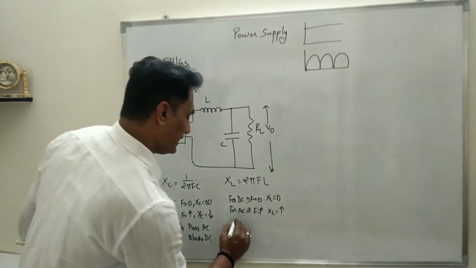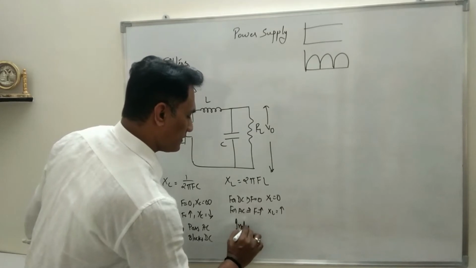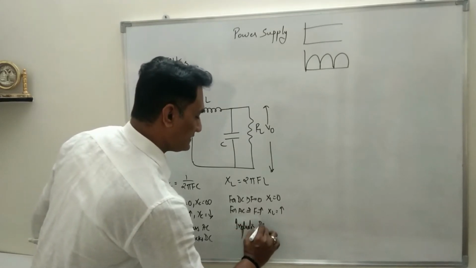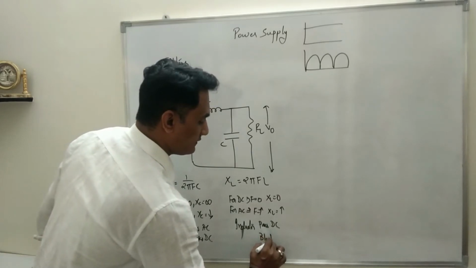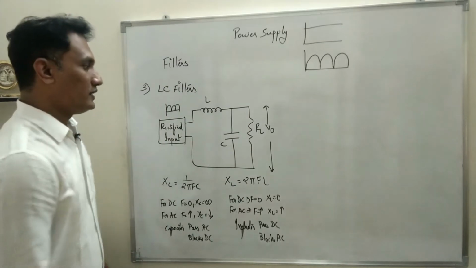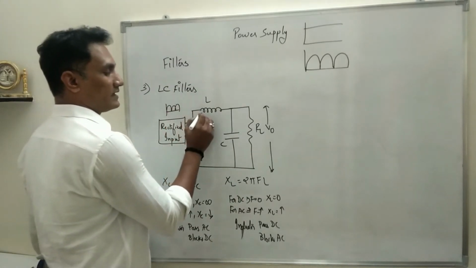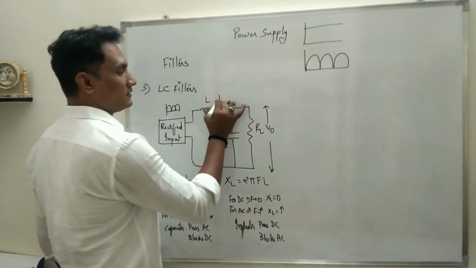So we say the inductor passes DC and blocks AC. Okay, so in both cases, the inductor will block AC and pass DC.